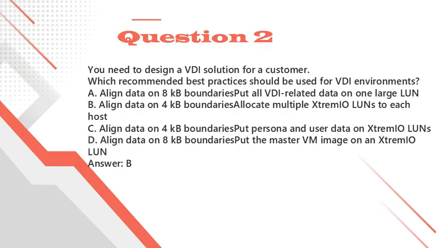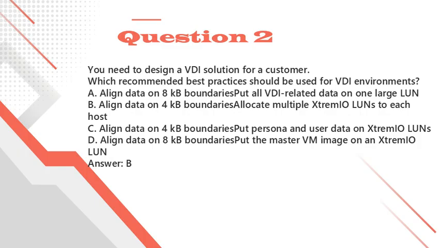2. You need to design a VDI solution for a customer. Which recommended best practices should be used for VDI environments? A. Align data on 8 kilobytes boundaries. Put all VDI-related data on one large LUN. B. Align data on 4 kilobytes boundaries.